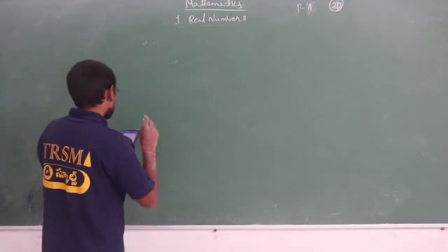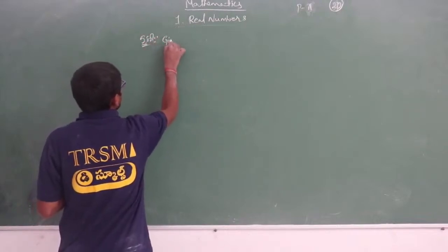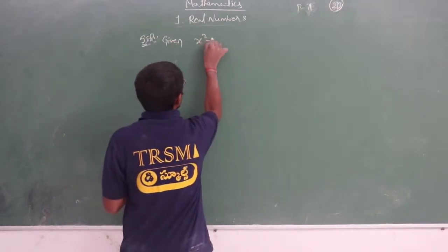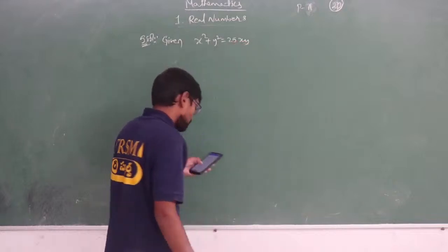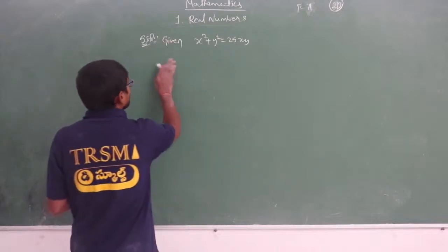Now coming to question number 5, let us solve question number 5. What has he given in the question? He has given x square plus y square is equal to 25xy. X square plus y square is equal to 25xy. What we need to do?